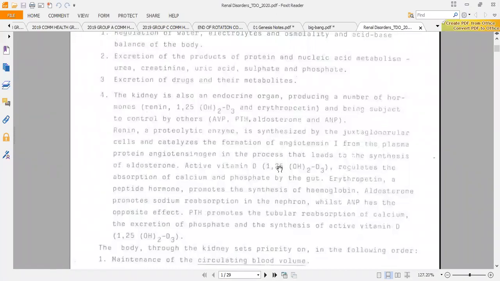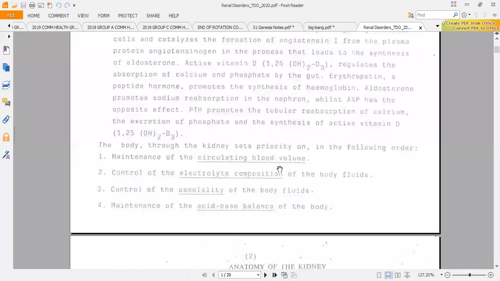Good. Now let's look at the priorities of the kidneys in its renal function. It has certain priorities. The first one is to maintain blood volume.